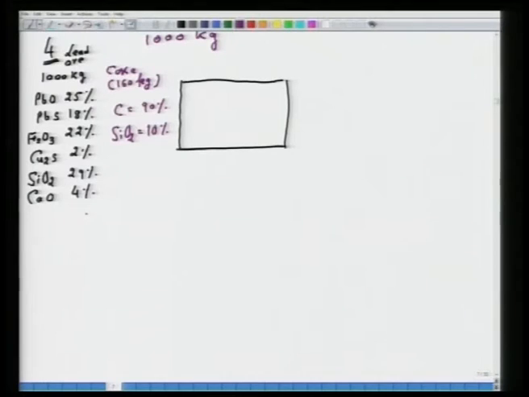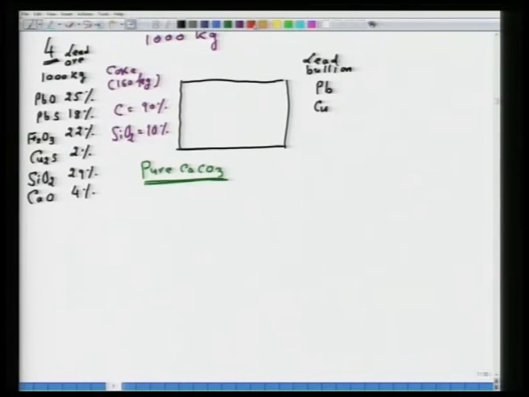Now, the problem further says that pure calcium carbonate is charged. Pure calcium carbonate is the flux, I mean the agent to flux. It further says you produce lead bullion, and lead bullion should contain lead and copper. That is the output I am giving.